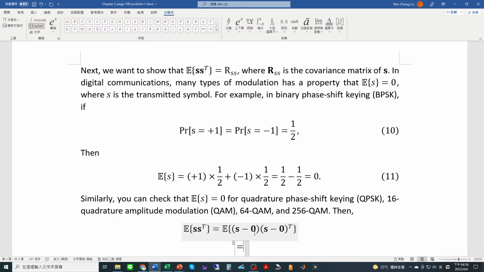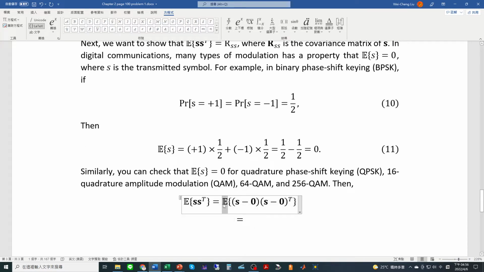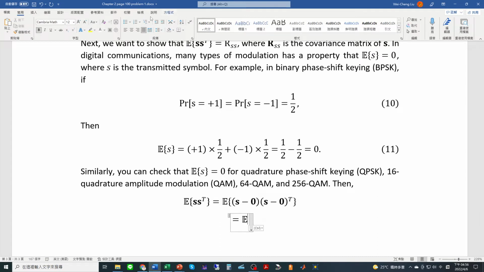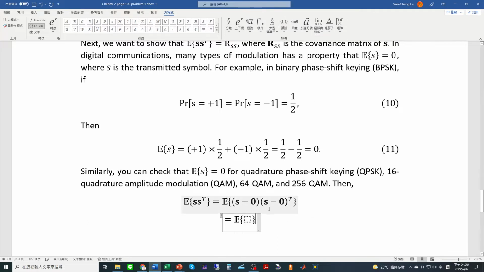And this is equal to the expectation of (S minus the expectation of S) times (S minus the expectation of S) transpose.